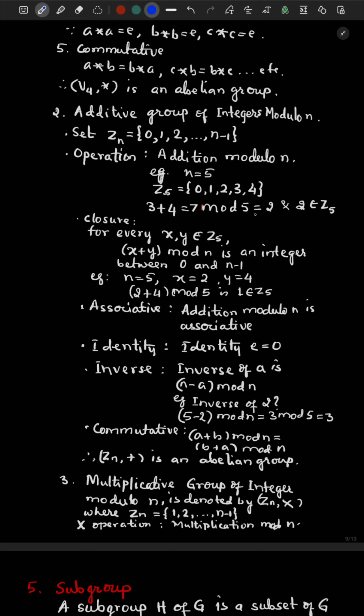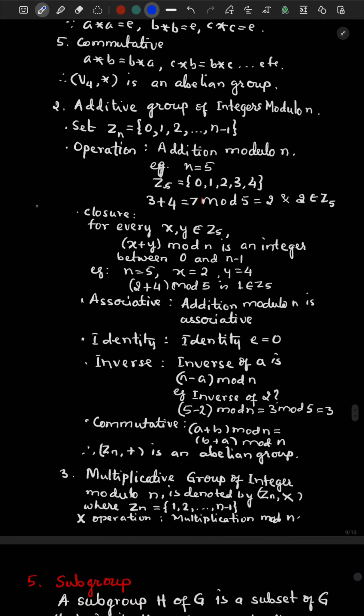So 7 mod 5 is 2, because when we write a mod n, it means the remainder when a is divided by n. So if you divide 7 by 5, you will get the remainder 2. And this 2 is again an element here in Z.